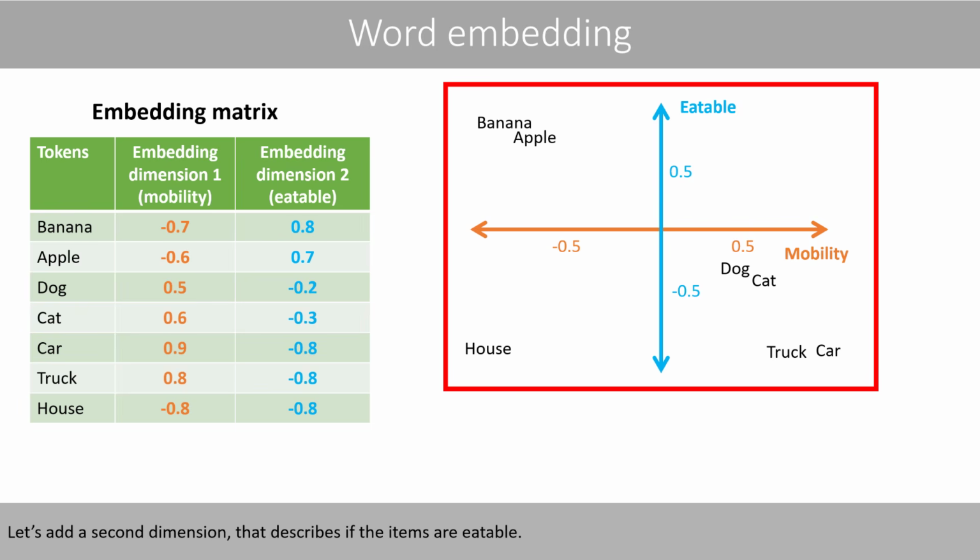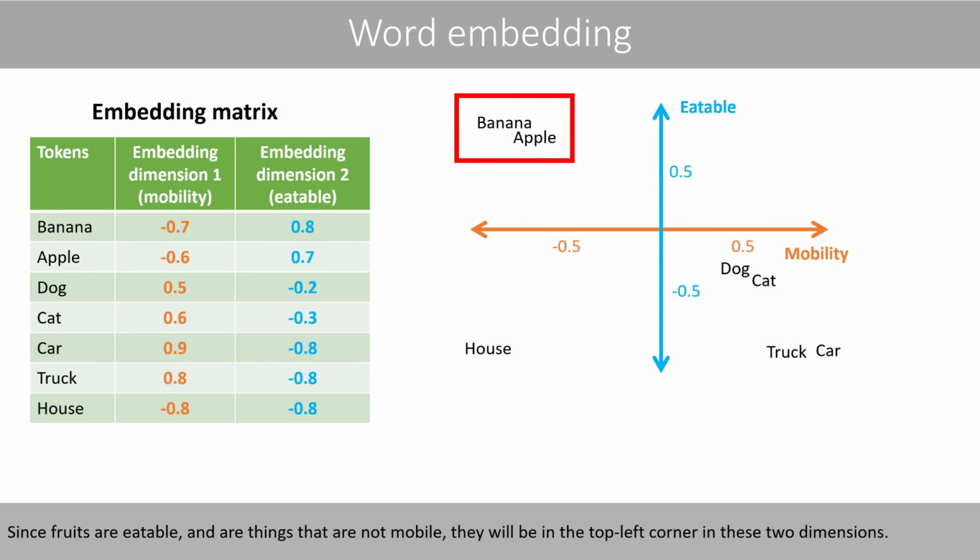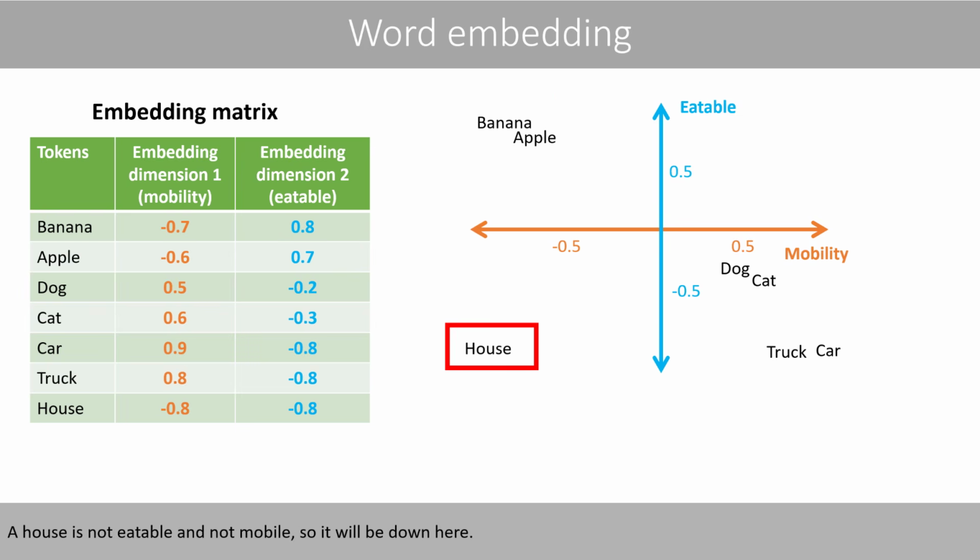Let's add a second dimension that describes if the items are eatable. Since fruits are eatable and are things that are not mobile, they will be in the top left corner in these two dimensions. A house is not eatable and not mobile, so it will be down here.